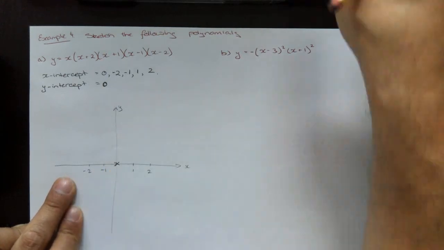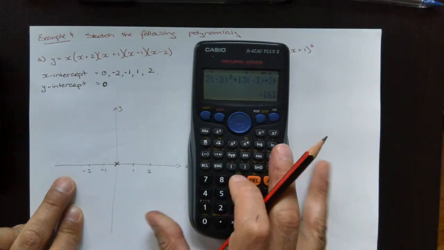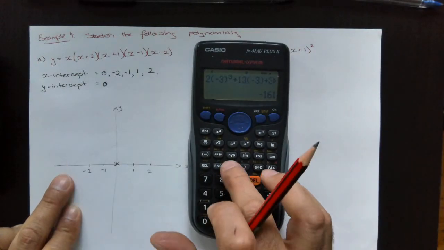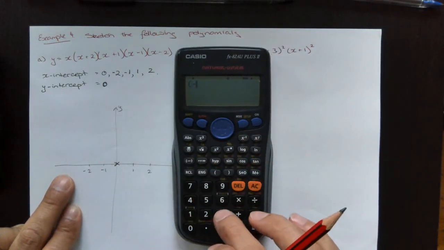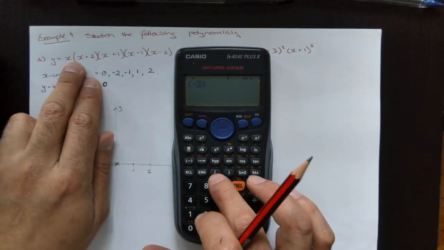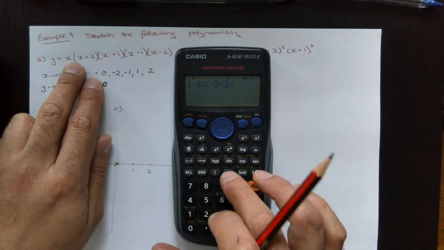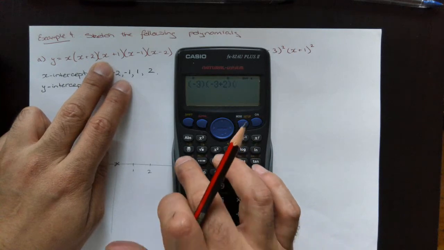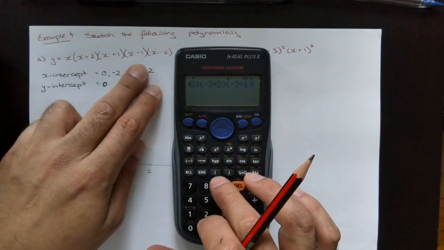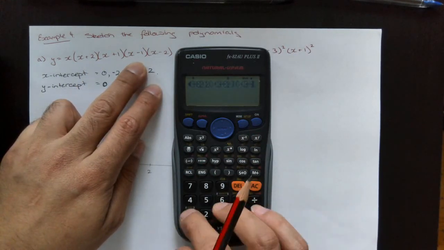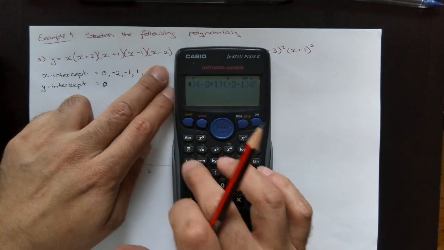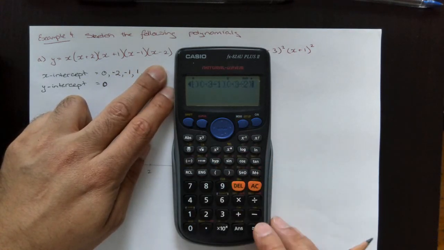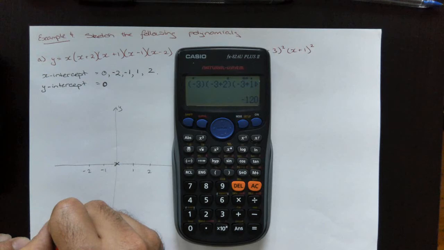For example, let's say we have -3. So -3 there, -3 plus 2, -3 plus 1, -3 minus 1, and -3 minus 2 gives me a negative solution.